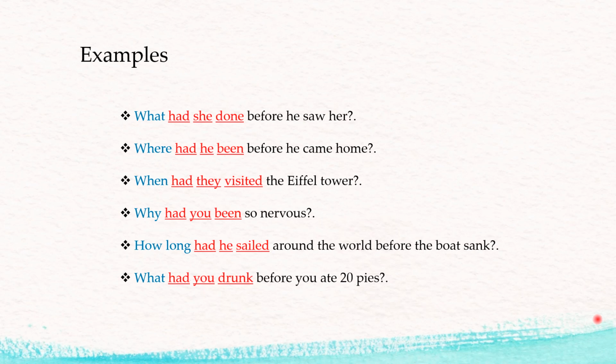Third example. When had they visited the Eiffel Tower? Let's analyze it. When, question word, then auxiliary had, then pronoun, and then the verb in past participle, and then the complement.